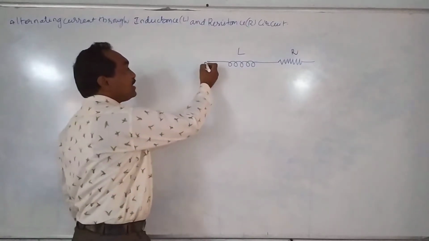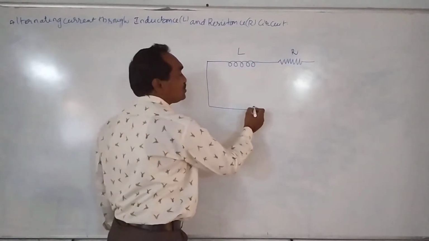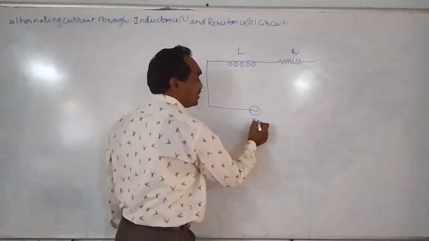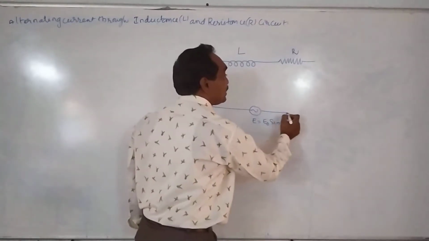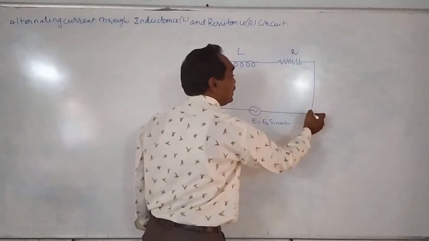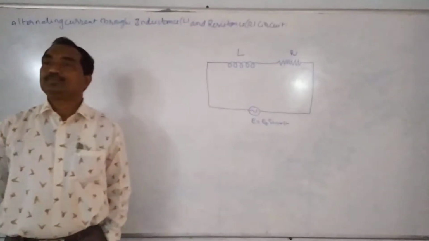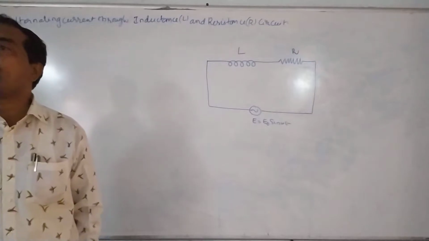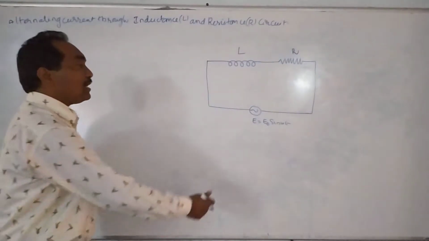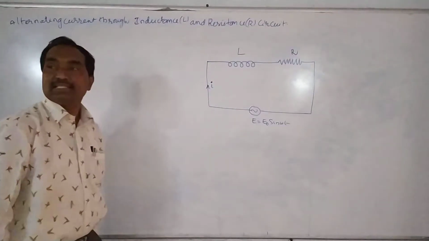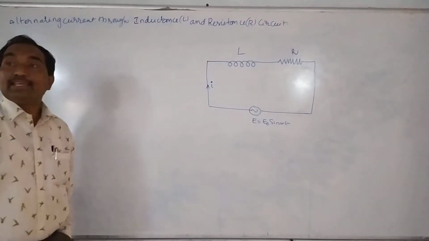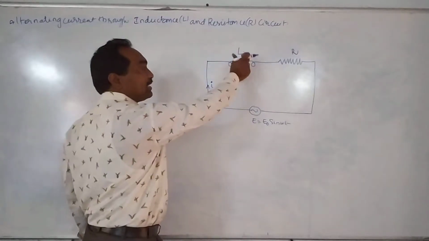Now, an alternating voltage source, whose EMF is taken as E equal to E naught sin omega t, is connected in series with the inductance and resistance. Now what happens? When the battery is on, the current increases in the circuit, at a time t it is I, and an EMF is induced in the inductance.